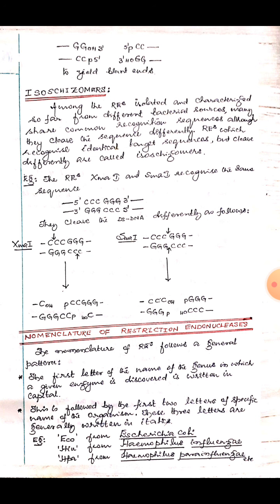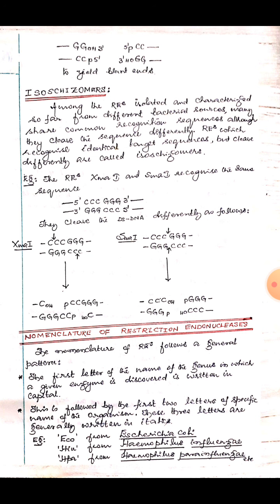So, first letter is always in capital. It will tell us the genus of the bacterial strain from which the enzyme is extracted. Then, this is followed by the first two letters of the specific name of the bacterial strain. These letters are generally written in italics.